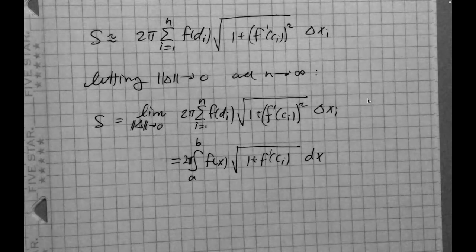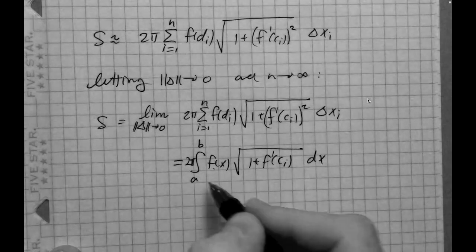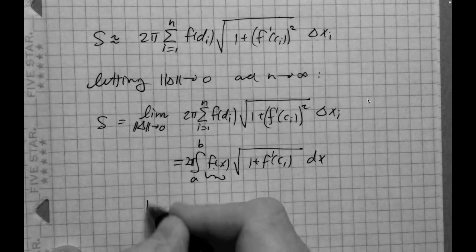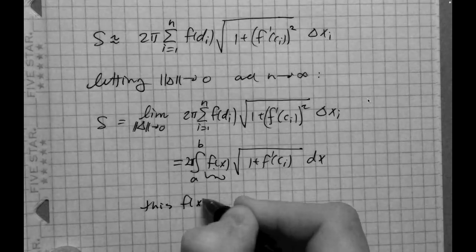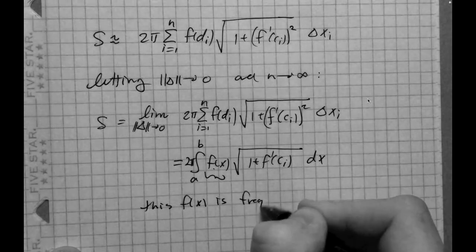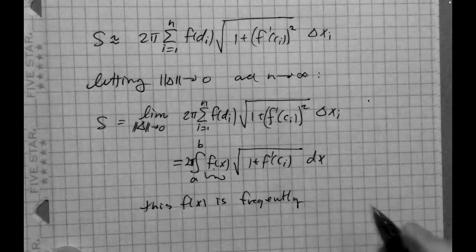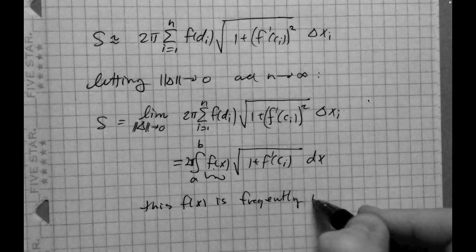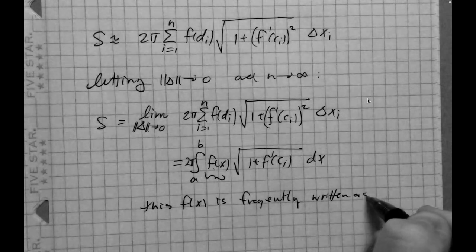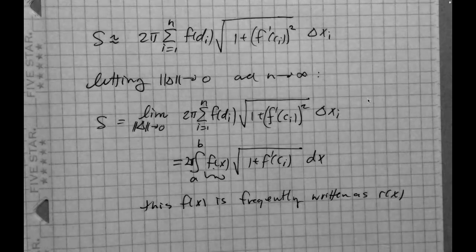Something to note here is that this f of x is frequently written as r of x, which makes things slightly less confusing.